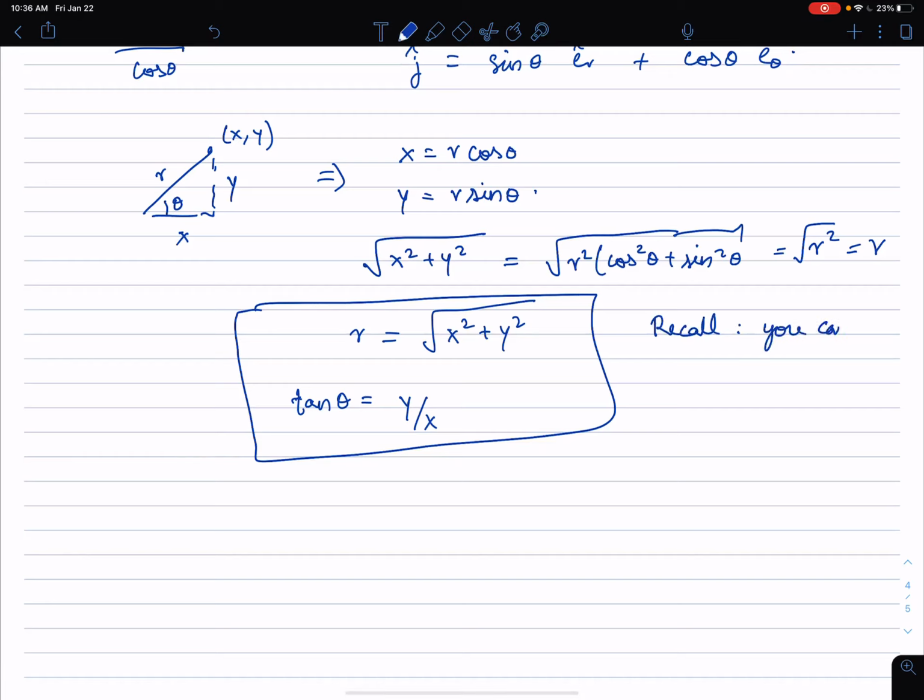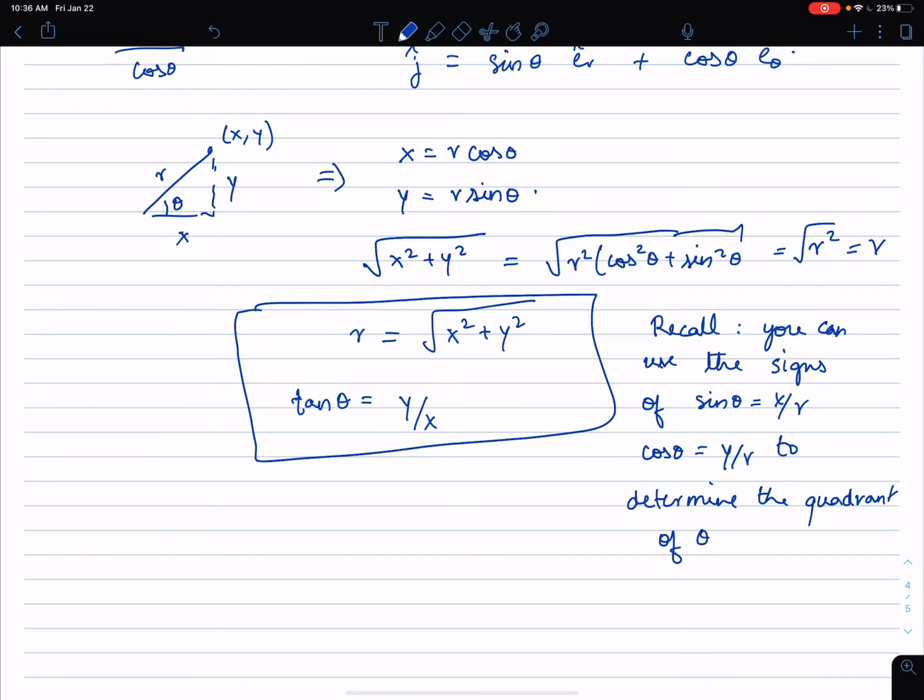You can use the signs of sine theta, which is basically y over r, and cosine theta, which is x over r, to determine the quadrant of theta. Okay.